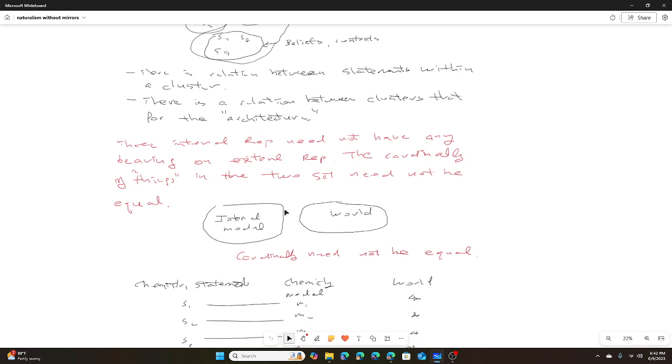In the internal model, we have different types of representations: the rules of chess, the rules of chemistry, the rules of quantum physics. The world has its own facts, and the number of elements in these internal models need not be the number of facts there are in the world. So the cardinality between the two sets need not be equal.